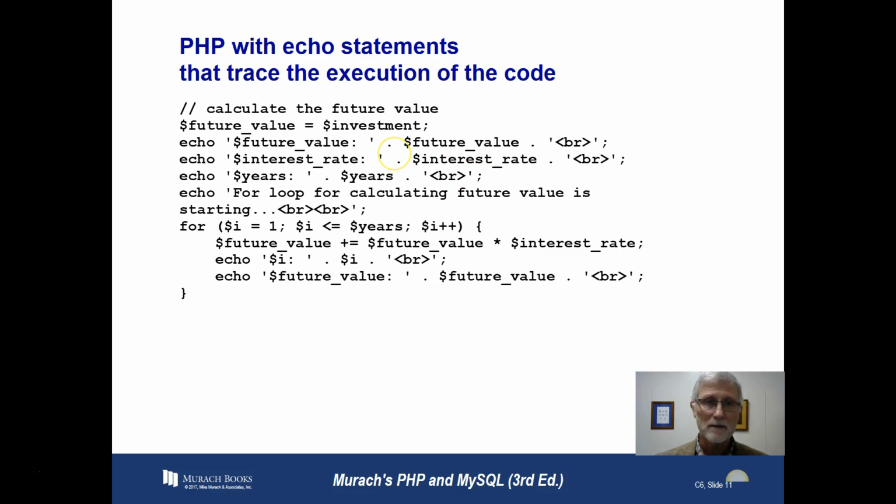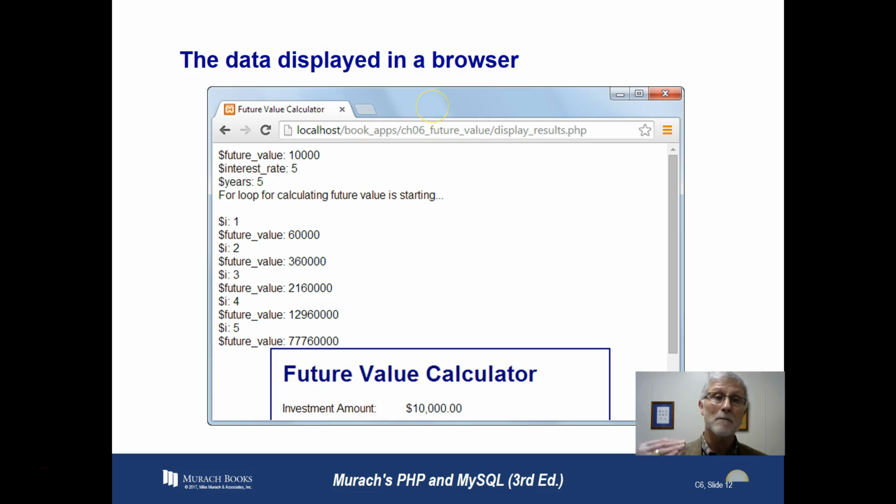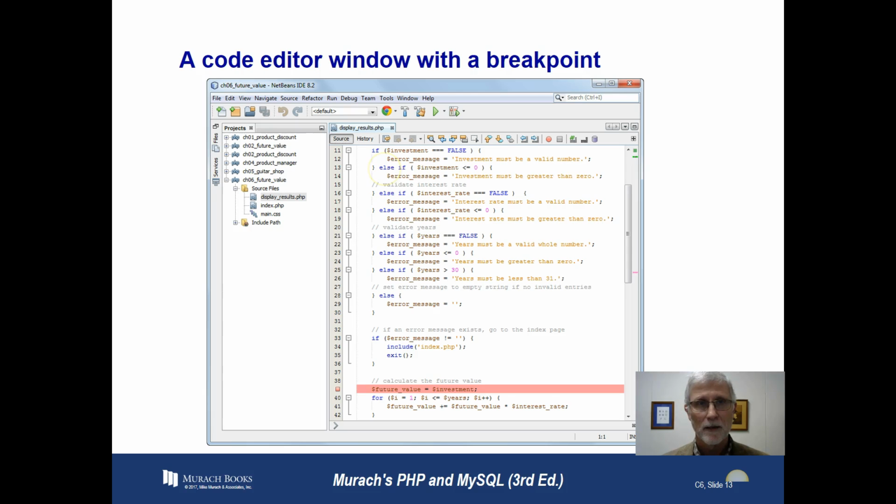So when I run the routine, I get messages to know what the value is along the way and where I am in the loop. Here I'm going through this loop 5 times and you're seeing the value change every single time. So putting either breakpoints or echo statements in to check the value along the way is a good debugging tool.